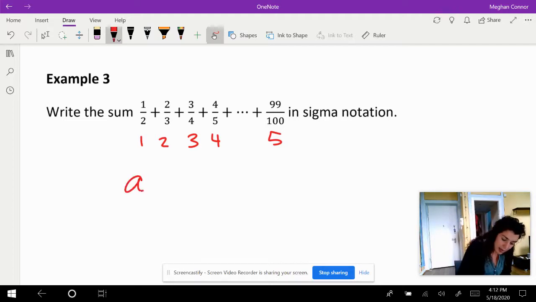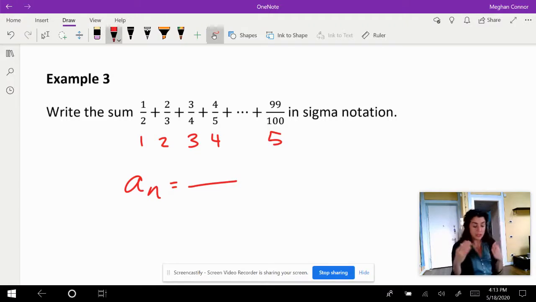So a sub n equals, looking at the numerator, for the first term, it's 1. For the second term, it's 2. For the third term, it's 3. For the fifth term, it's going to be 5, which means that your numerator is what the number of your term is. That's the relationship. Now, looking at the denominator, for the first term, it's 2. For the second term, it's 3. Third term is 4.